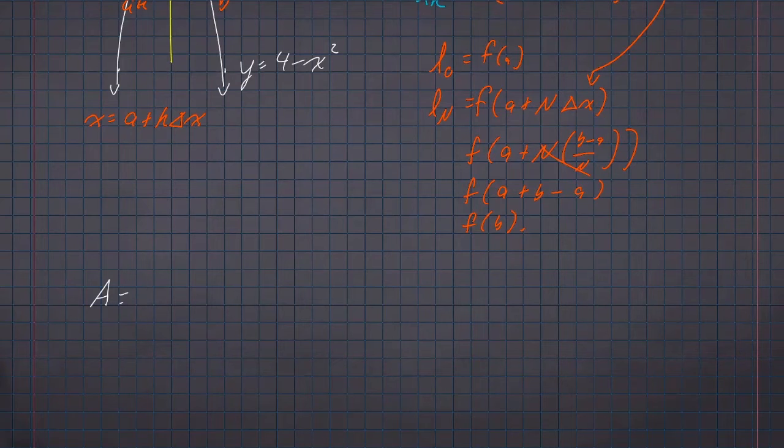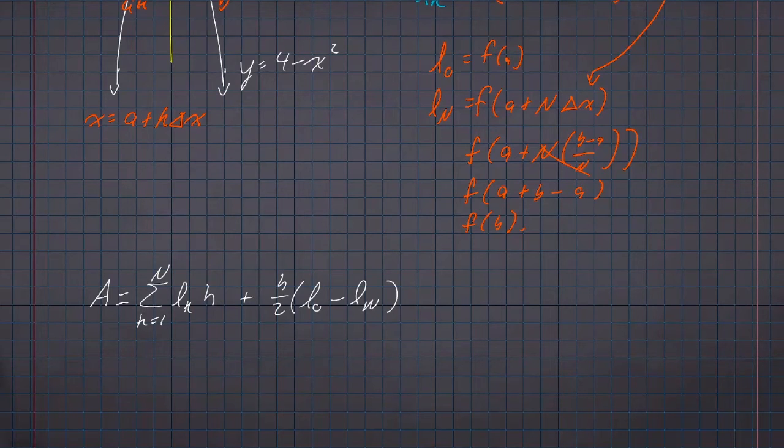And the area is still the sum, k goes from 1 to n, of Lk h plus h over 2 times L0 minus Ln.